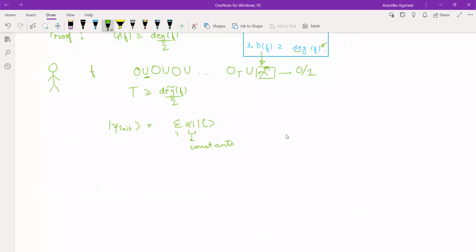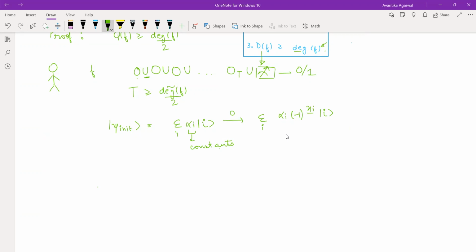Then I make my first query. So my state would be the sum of alpha_i times minus 1 raised to the power x_i, ket i. Is this part clear? We saw how queries are done previously. I'm making a superposition query and I'm getting a superposition output where my query is stored in the phase.